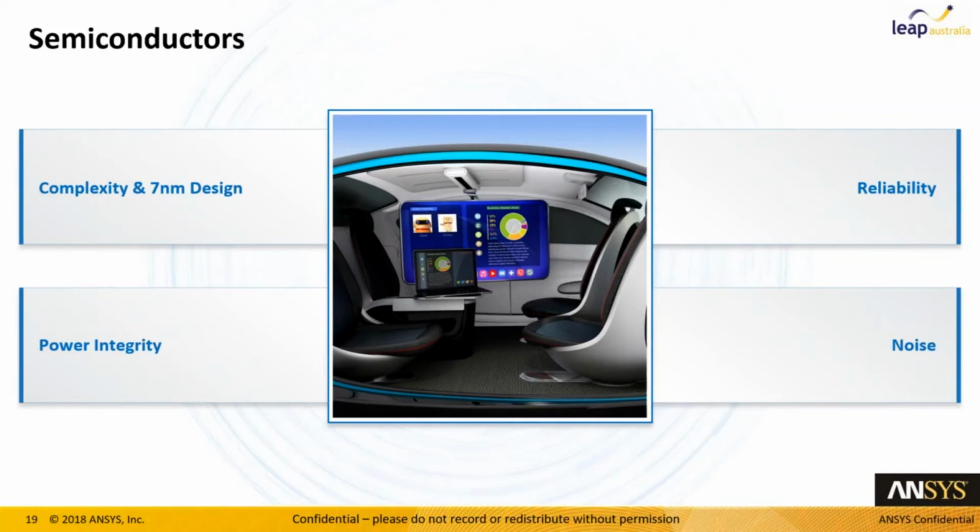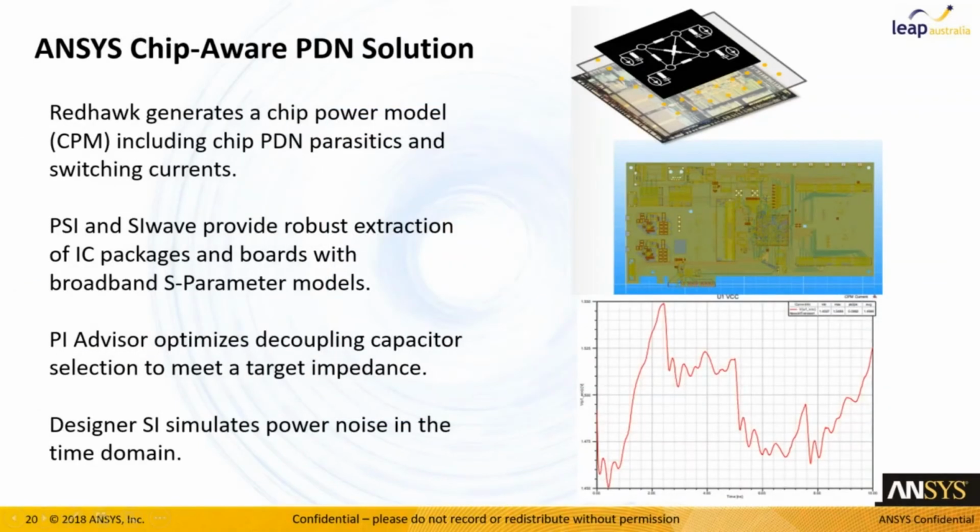A topic which is, I think, a lot more relevant from that perspective is the PCB or board level power integrity. What we can do here is combine the model of the chip with your PCB together. So how it works is that the ANSYS RedHawk tool generates a chip power model.